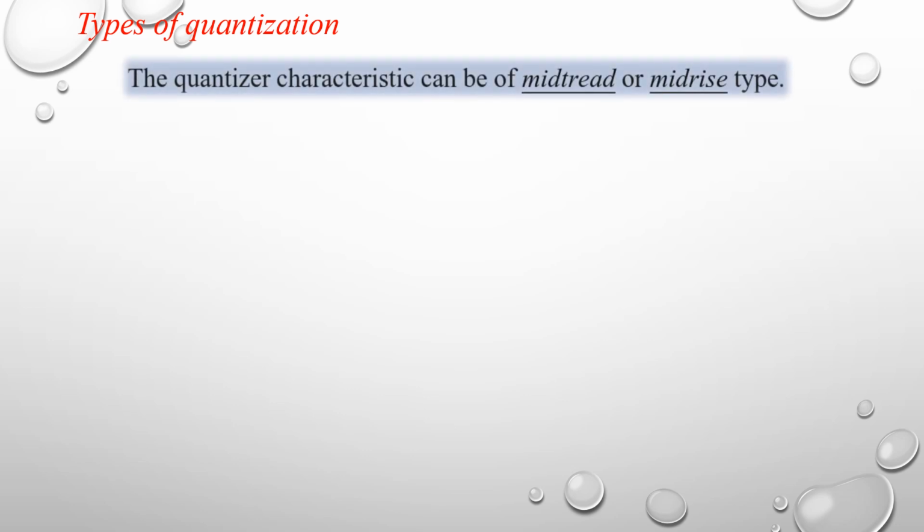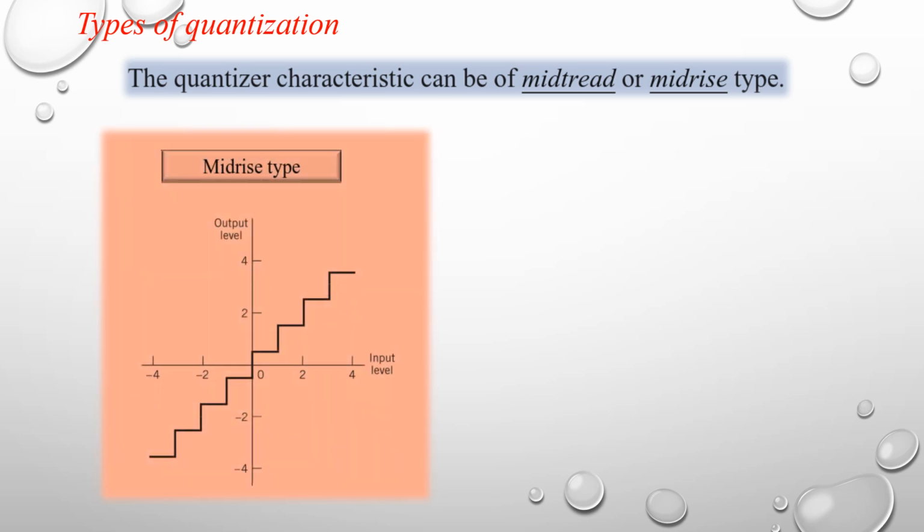Quantization is classified into mid-tread quantization and mid-rise quantization. In the mid-rise type of quantization, let's consider the output voltage level and the input voltage level. This is the rising edge.